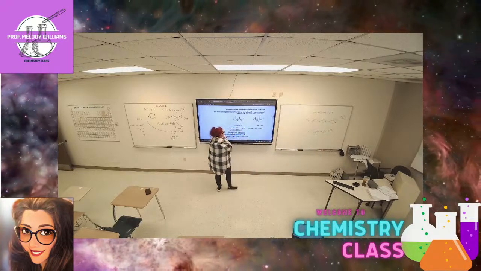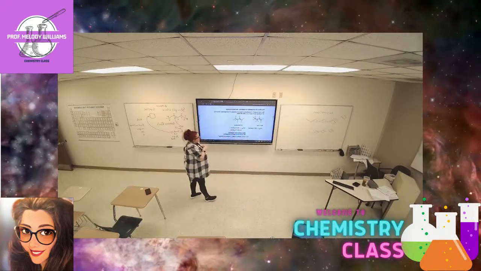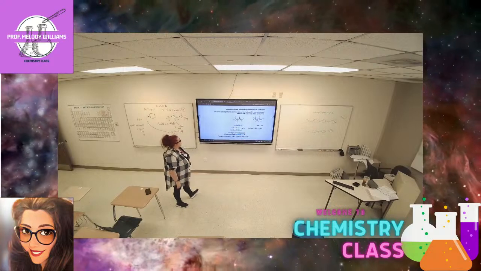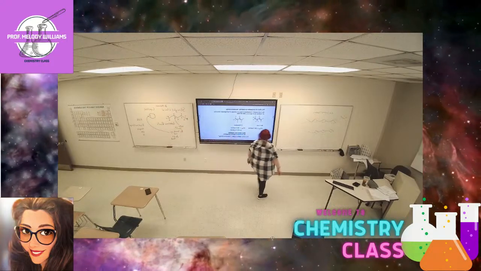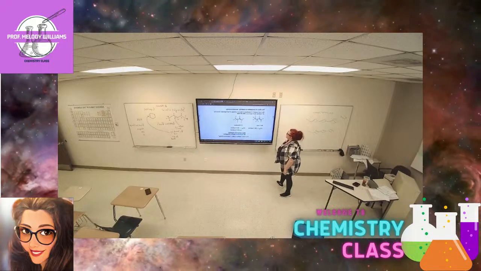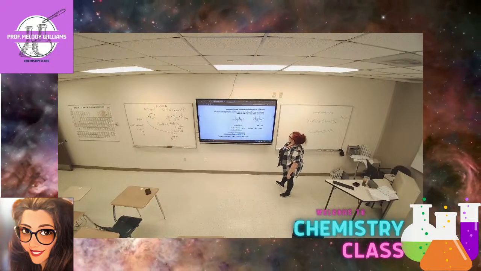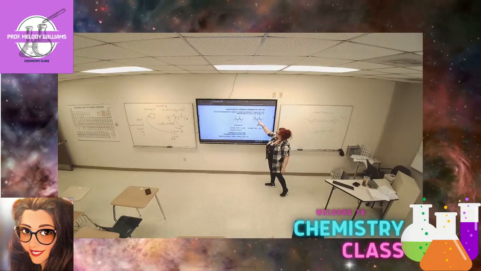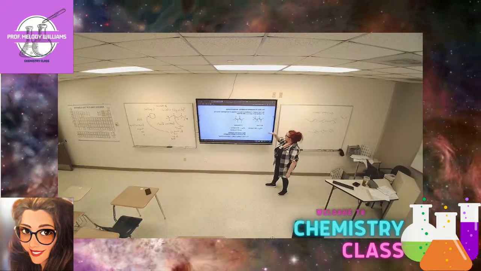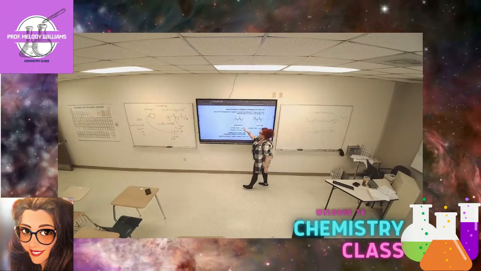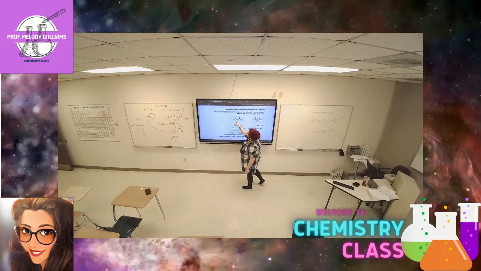Let's look at this in terms of energy. So here we have but-1-ene and butadiene. So 1, 2, 3, 4. We got 4 carbons. That's our but part of that. We also have 4 carbons here. 1, 2, 3, 4.